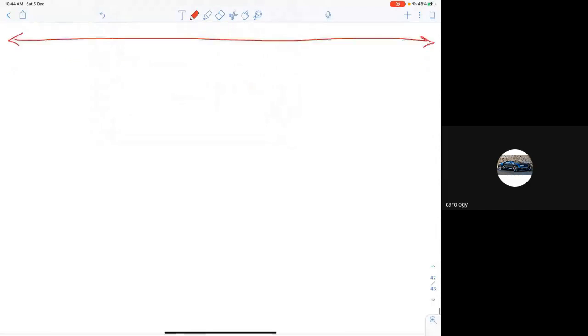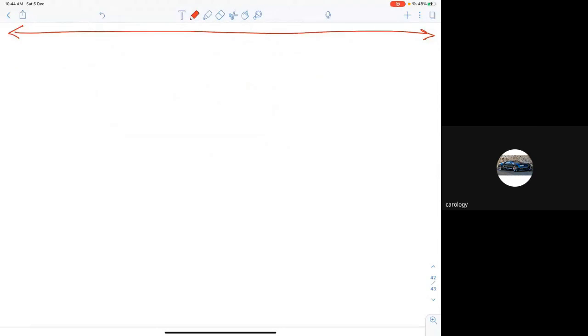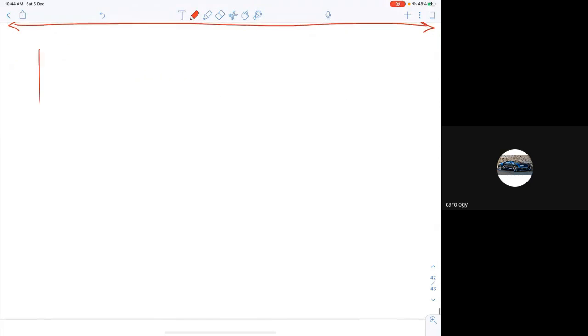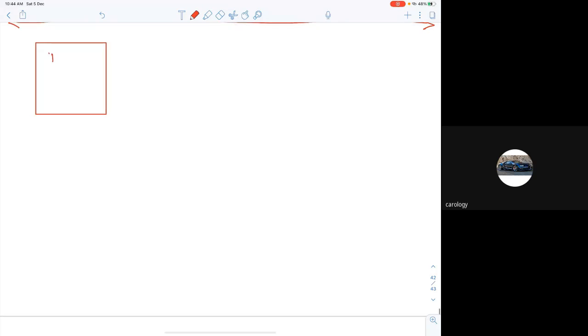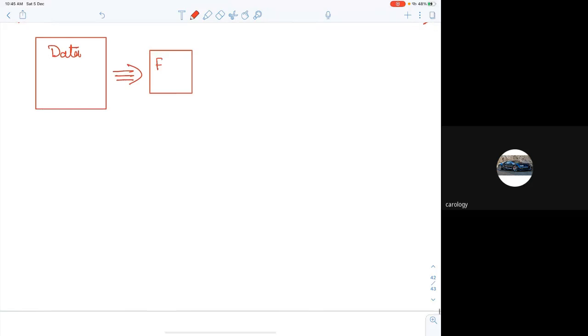I need to come up with an algorithm which will convert this data into a feature. Now what's the difference between data and a feature? Suppose that one student is my data. Let us see who all are there.